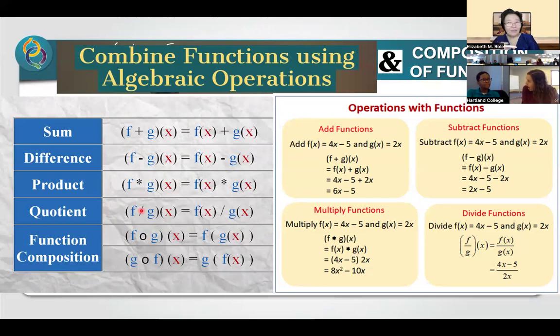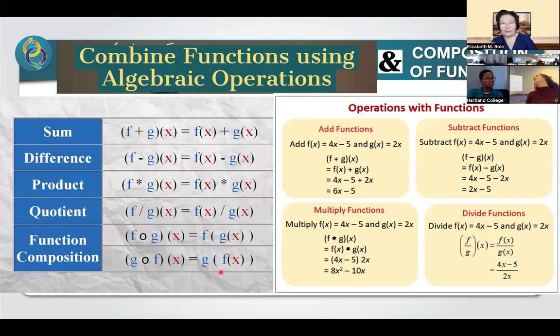Then a new notation that we will be learning, we call it f o g of x. It is a composite. We compose functions: f o g of x means that instead of x in your f, you substitute the function g of x. If I have g o f of x, instead of x in your g, we substitute the value of f of x.